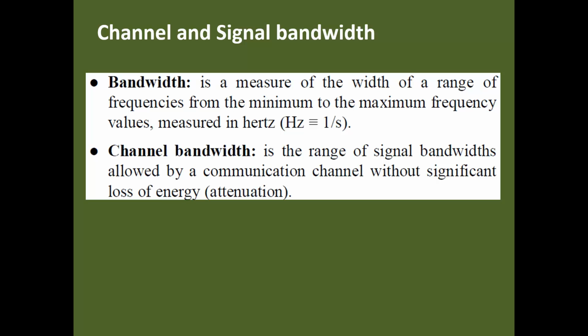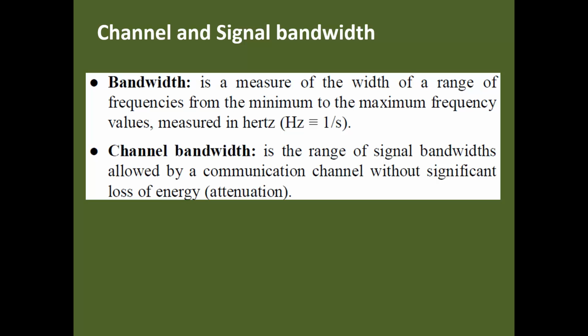If you are sending an audio signal, the signal bandwidth in that case will be from 20 hertz to 20 kilohertz. If it is a video signal, let's say, the signal bandwidth requirement can be from 0 hertz to 5 megahertz, right?